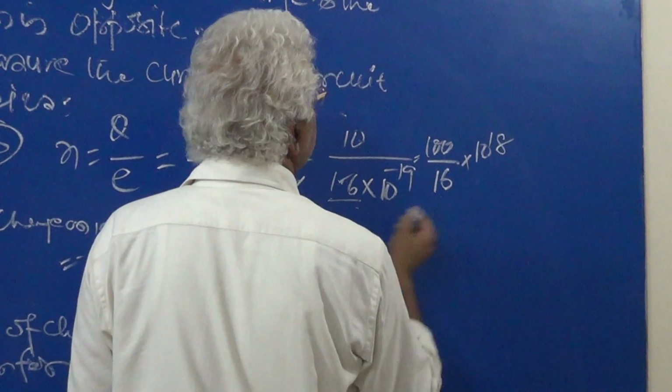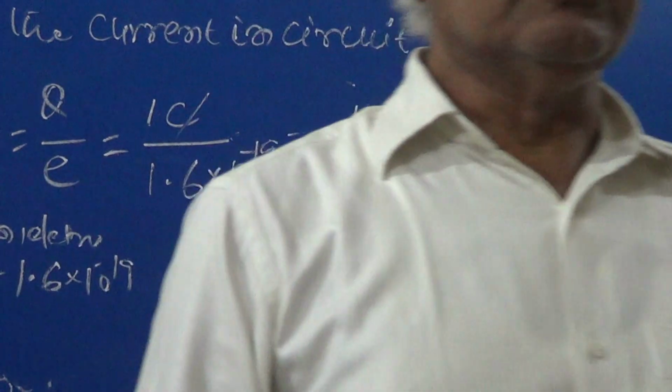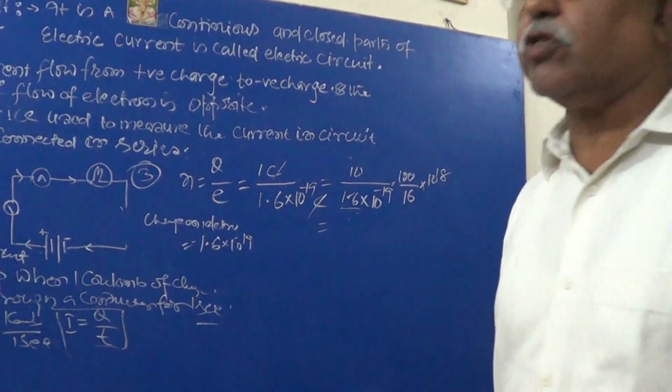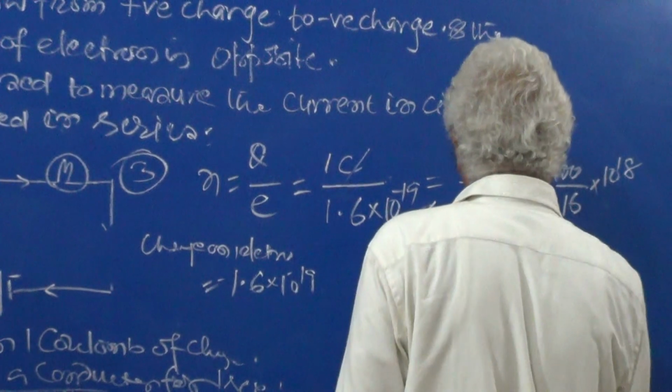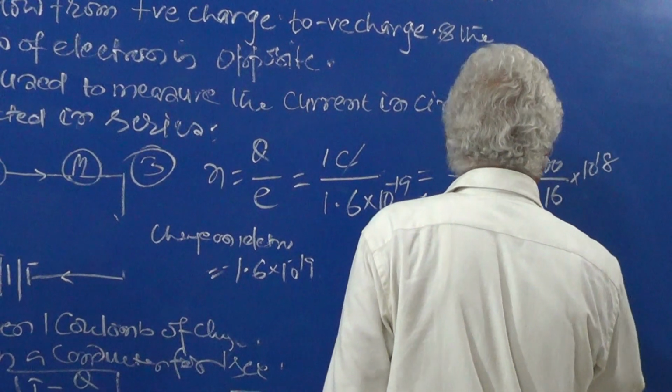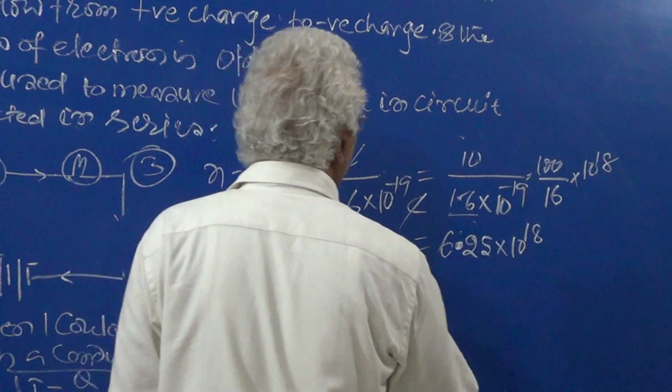So 100 by 16, how much? 100 by 16 divided will become 6.25. 6.25 into 10 to the power 18. Right? This is the number of electrons.